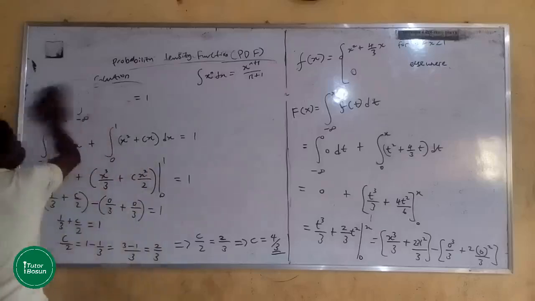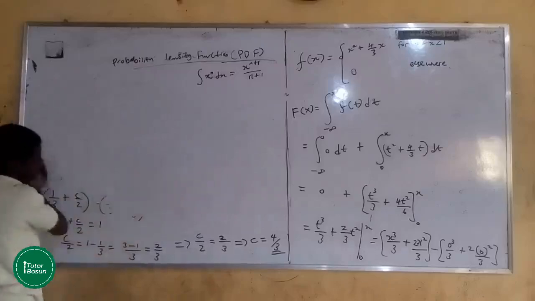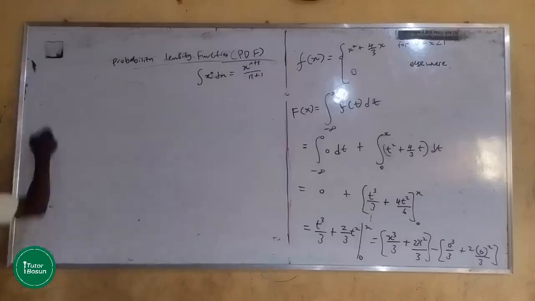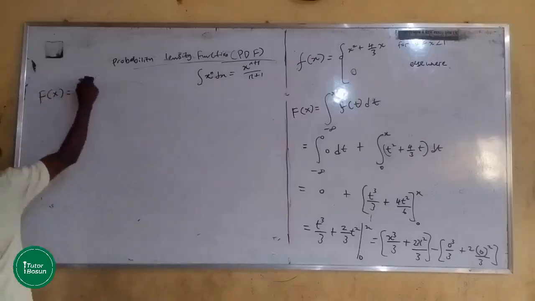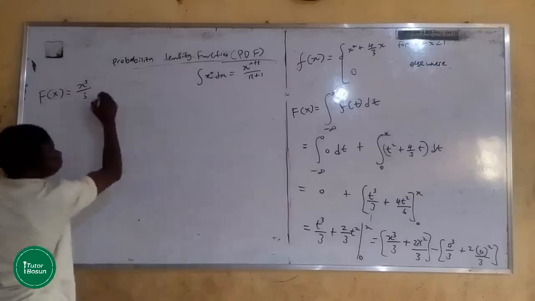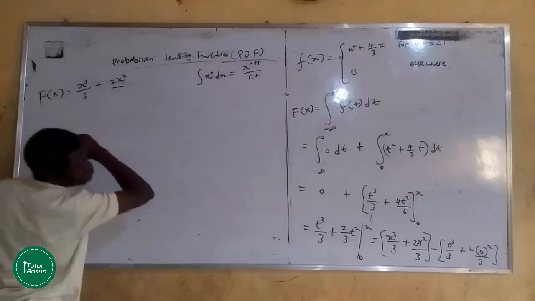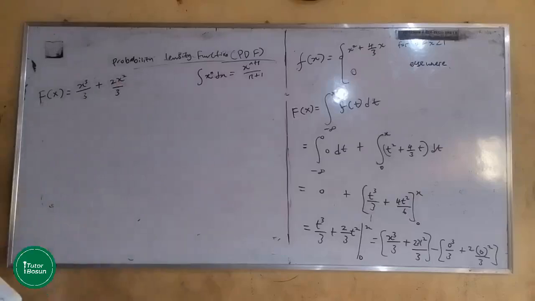So we finally have our capital F of x to be x cubed over 3 plus 2x squared over 3.